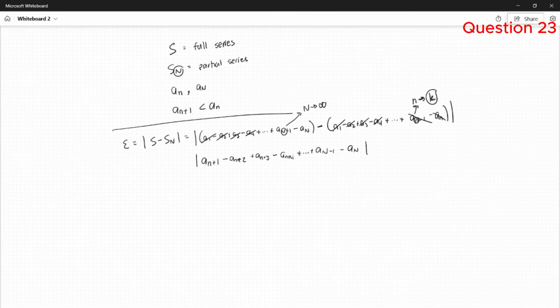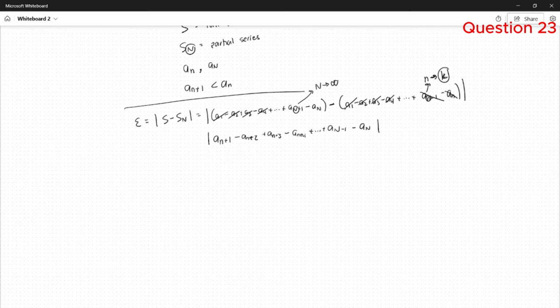Now, how do we reach this? Well, when we cancel everything out, this cancels everything out up until a of n, which means that the next term that would be fair game in our derivation is a of n plus 1, and this would all be equal to the error epsilon.